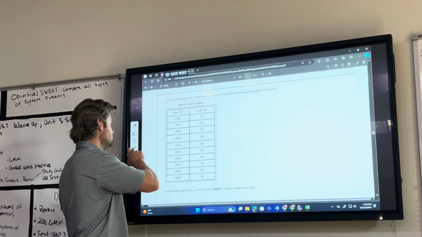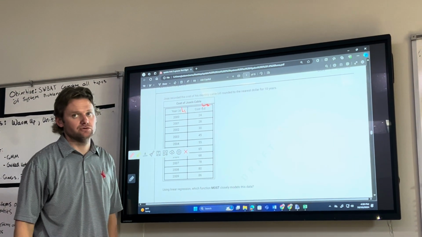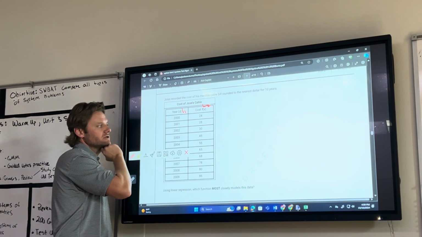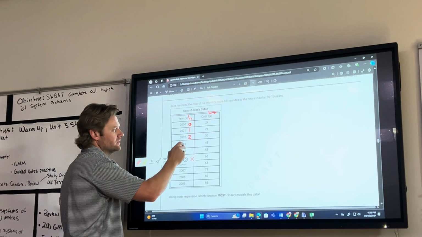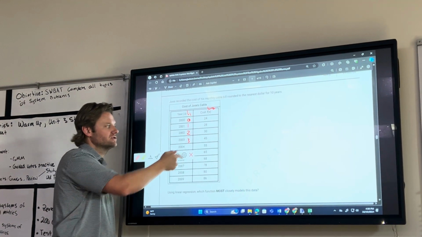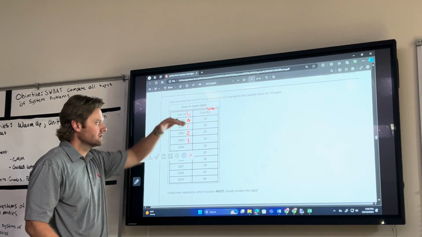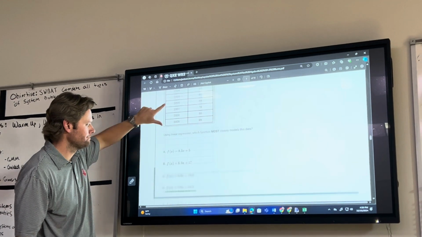This goes into your L1. This goes into your L2. Then you're going to hit calculate linear regression. On your years, I think I changed this on the test where I went 0, 1, 2, 3. If not, make sure to change it. Don't put it in your years as the full year. Start at 0 and count by how many years you have.